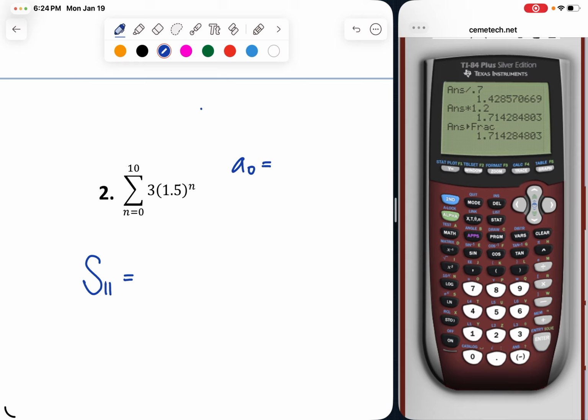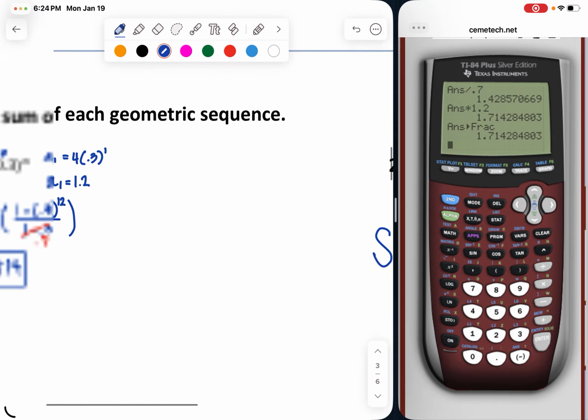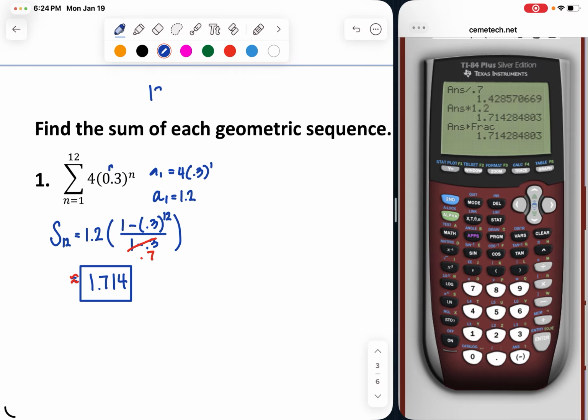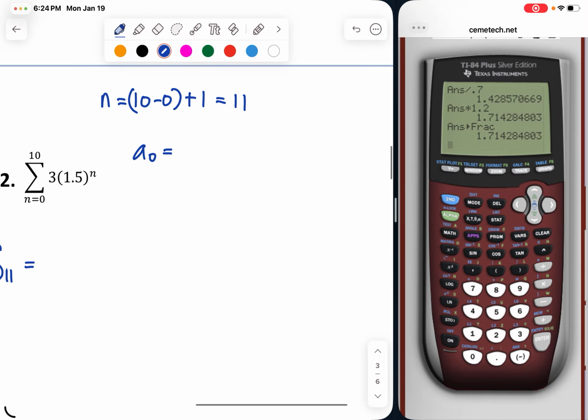A quick way of getting n there is to subtract those two numbers, 10 minus 0, and then add 1 to it. So that is 11. Like if I wanted to do this one, I can do 12 minus 1, which is 11, and then add 1, which is stupid, but it's fine.